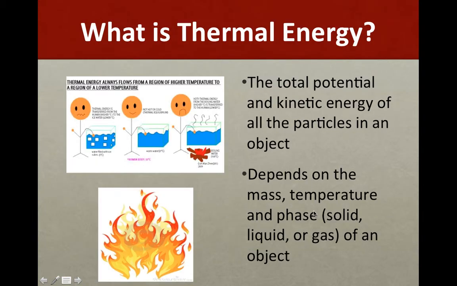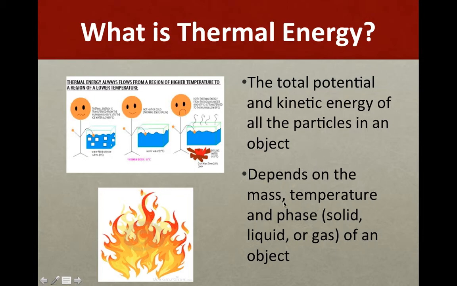Okay? Now, thermal energy is basically potential and kinetic energy of objects. And we learned from energy previously that potential energy means it's at rest, and kinetic energy is energy in motion. And so on that one, it is where the objects are moving rather rapidly or slowing down, okay?